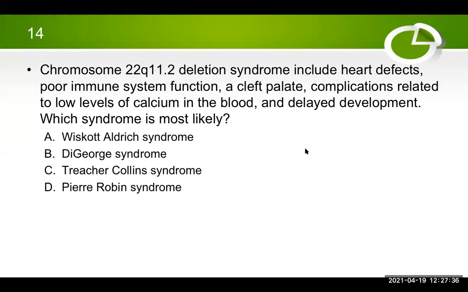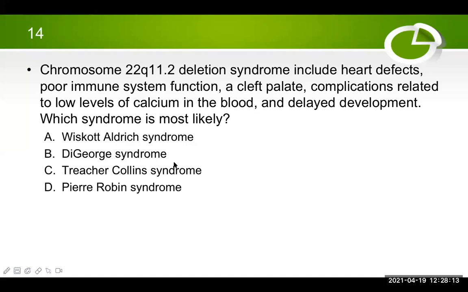Yes. Now, he's absolutely right. So the important clue for you is this low level of calcium. Now, do you know why this low level of calcium is present in this patient? What is the reason for this? That is a clue for you. That is because of poor or incomplete development of the parathyroid gland. Because in hypoparathyroidism, there is a low level of calcium.